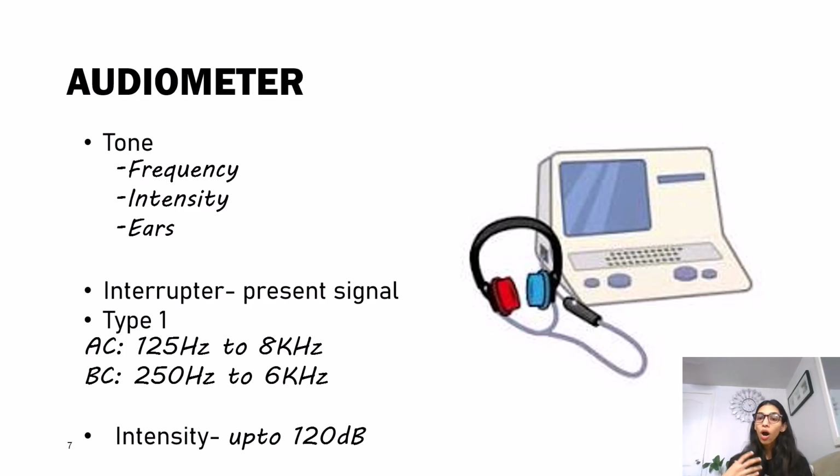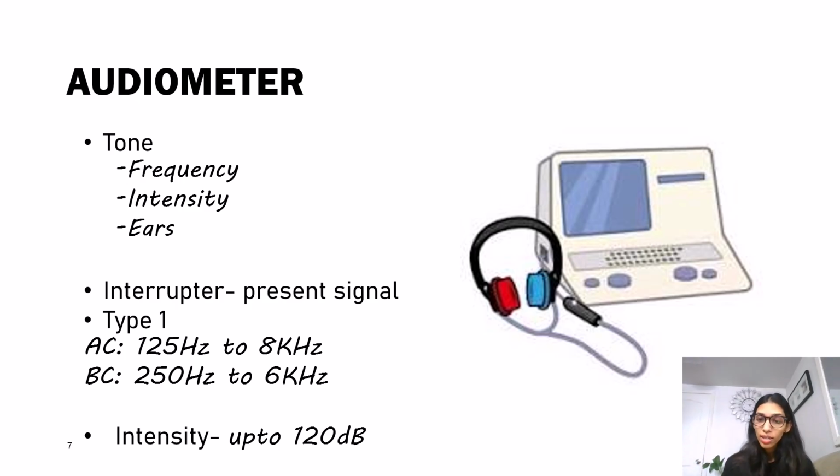The audiometer is the instrument that we use for estimating the audiometry. The audiometer has features where we can adjust the tone, that is, we can change the frequency of the tone from 125 hertz to 8 kilohertz, and if it has, we can extend it to higher frequencies too.